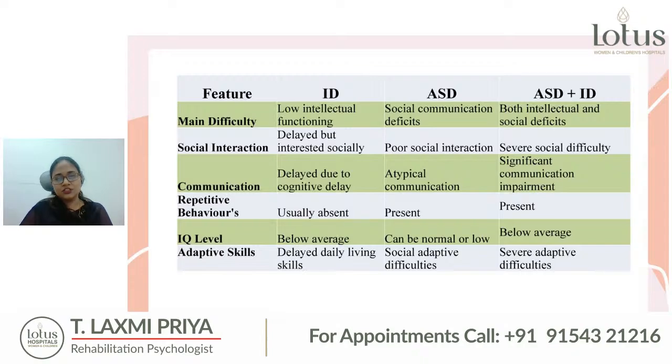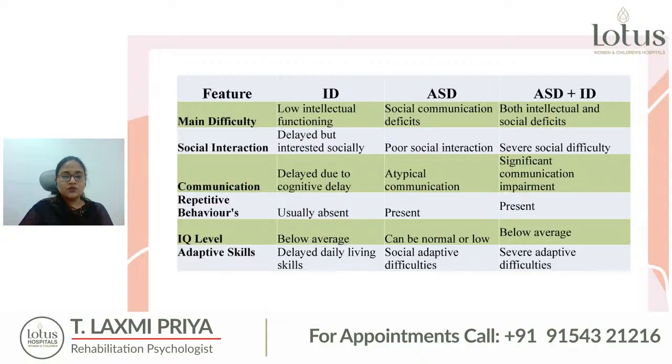It varies from child to child. Sometimes a few children will have high functioning autism, and sometimes they have difficulty in cognition also. When ASD and ID are presenting together, they have below average IQ levels, less than 84.